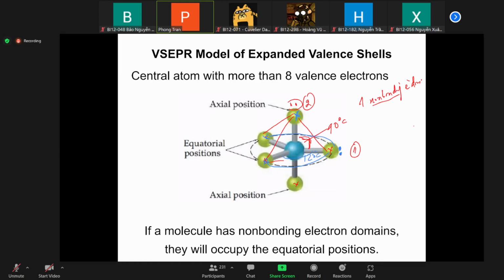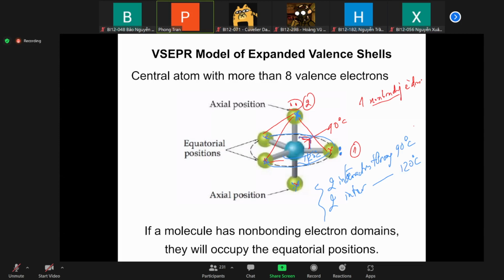So among the 4 ligands, 4 atoms, you have 2 strong interactions due to the 90 degrees of the electron pair with this one and this one. So you have two interactions through 90 degrees and two interactions through 120 degrees. Okay.